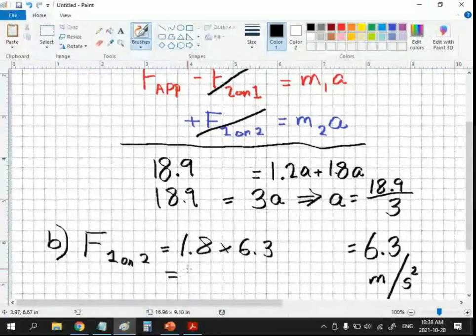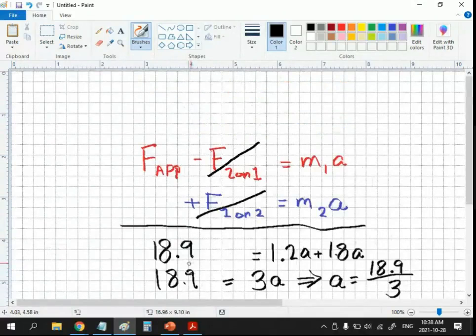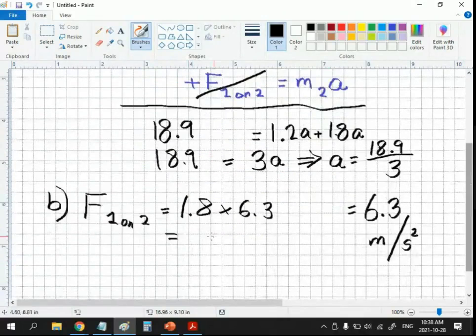How much is that? 6.3 times 1.8 is 11.34. Is that equal to the applied force? What was the applied force? 18.9. Nope, not equal.